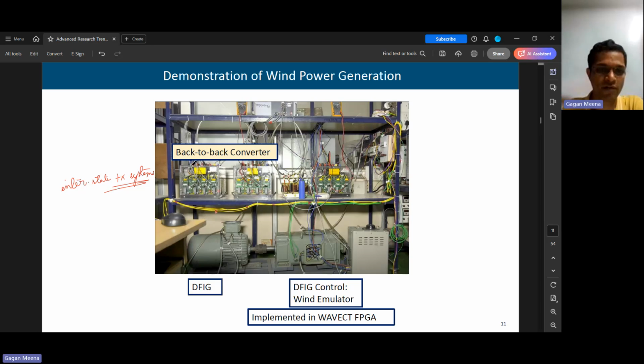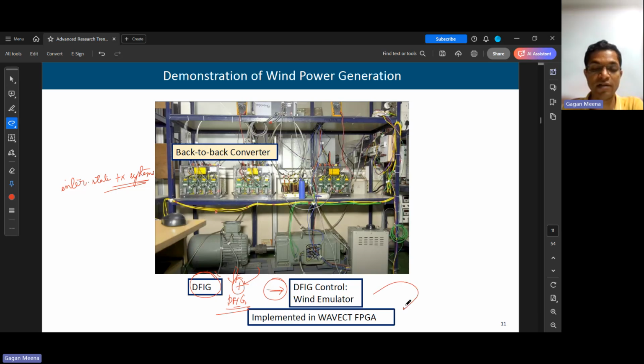So here what we have is a DFIG, doubly-fed induction generator. The DC motor and the induction machine together act as the DFIG wind emulator, where the control of the DFIG is implemented in the WaveAct FPGA based controller.